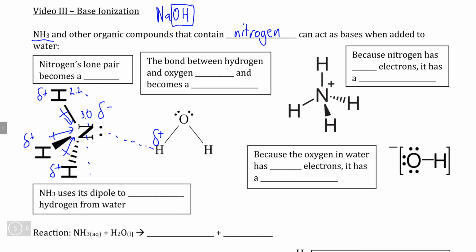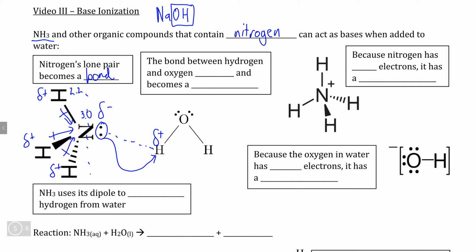So again, the negative pole on the nitrogen side of ammonia can attract to the positive pole of the hydrogen on water, and nitrogen's lone pair is going to be converted into a bond the same way that we saw in acid ionization. Now again, we run into the same problem.